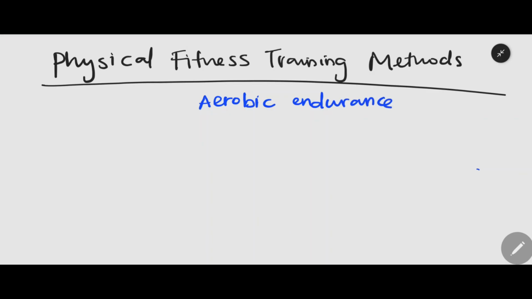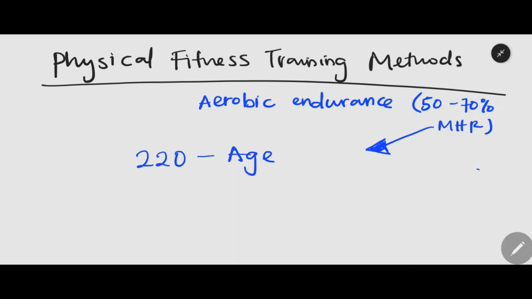When we talk about aerobic endurance, we're looking at activities that are moderate intensity. That's around 50 to 70% of max heart rate. Max heart rate is calculated using a formula: 220 minus your age.